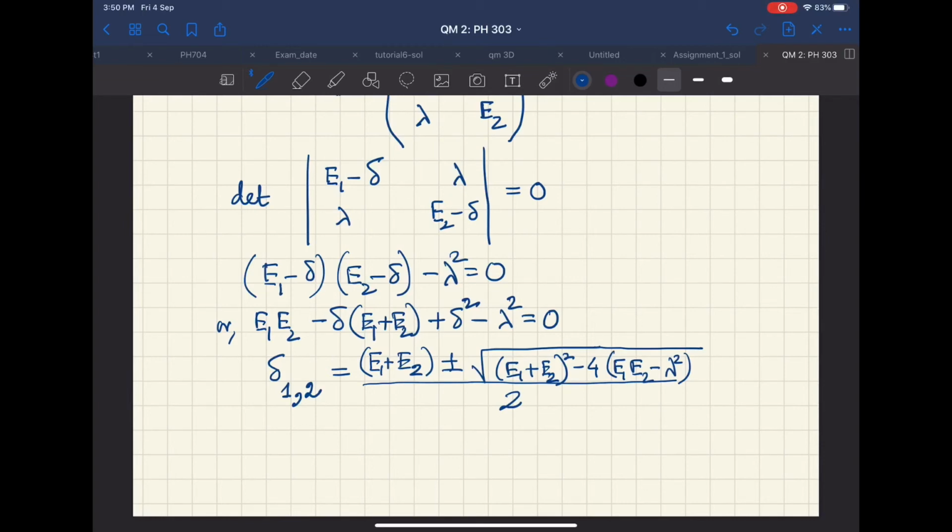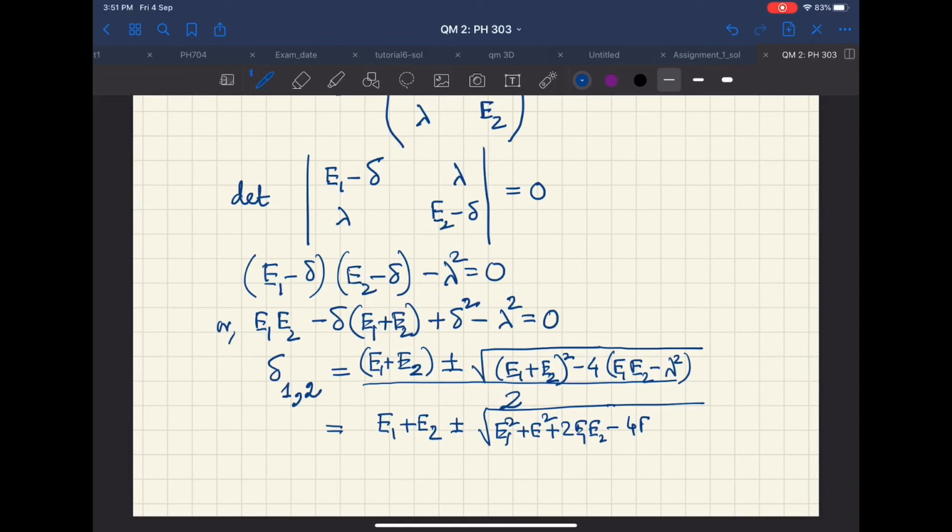Now if we simply calculate this, this is E1 plus E2 plus minus square root of E1 squared plus E2 squared plus 2 E1 E2, divided by 2.